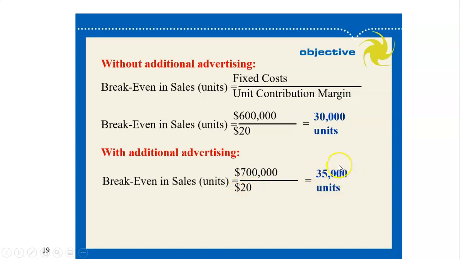That gives us 35,000 units. So to pay for that extra 100,000 of advertising, we need to sell a minimum of 5,000 more units. So if we think the advertising will allow us to sell, say, 20,000 extra units, then this is a no-brainer. We should do this. If we think it's touch and go whether we'll be able to sell the extra 5,000 units from that extra advertising, then we should not do it.